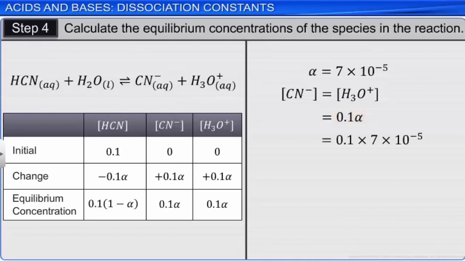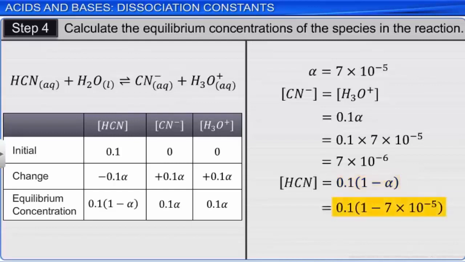This is equal to 7 multiplied by 10 raised to the power minus 6. The equilibrium concentration of hydrocyanic acid is 0.1 multiplied by 1 minus alpha, can be written as 0.1 multiplied by 1 minus 7 multiplied by 10 raised to the power minus 5. This is equal to 3 multiplied by 10 raised to the power minus 6.